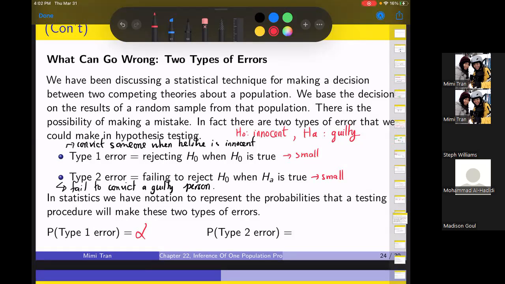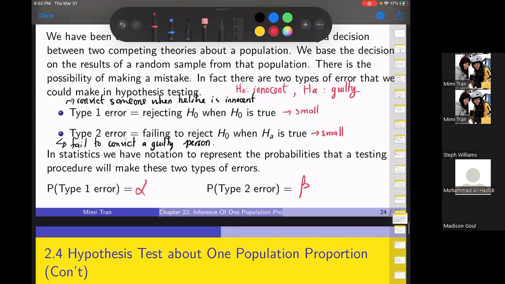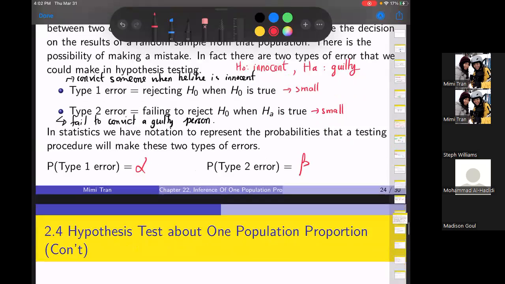It is the smallest alpha at which you can reject. So the probability of type 1 error is denoted alpha, and the probability of type 2 error is denoted beta. They took the first two letters of the Greek alphabet, alpha and beta, and gamma. There's another one, but we'll come back to that one.